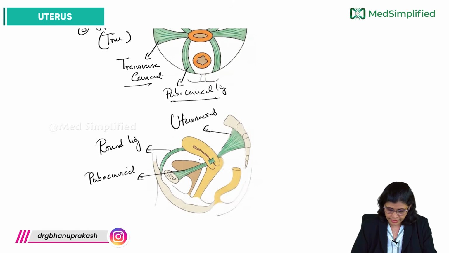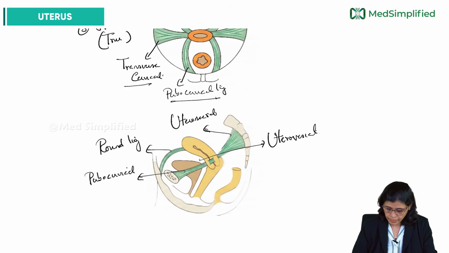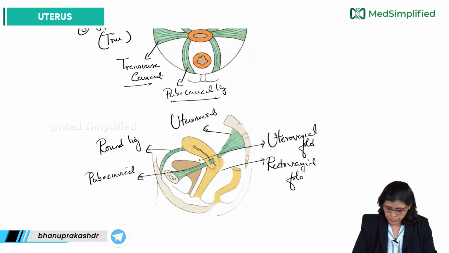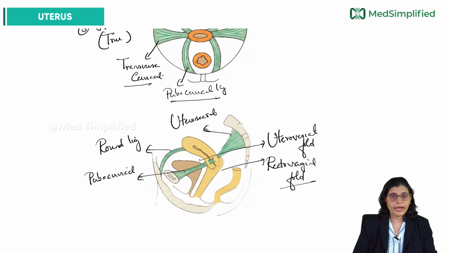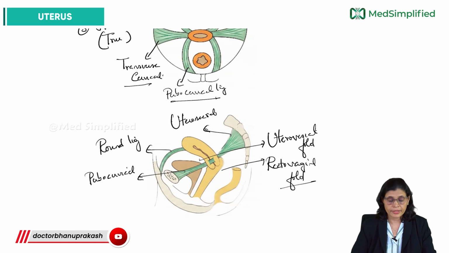So here uterovesical and rectovaginal fold. Here we will see the uterovesical fold, and here we will see the rectovaginal fold. Okay, so these folds are unpaired and they form part of the false ligaments also, and they are the secondary supports to the uterus, preventing its prolapse.